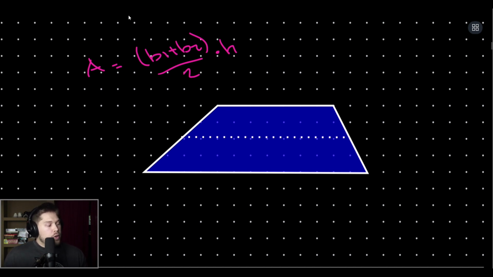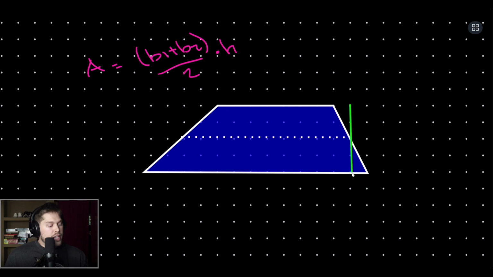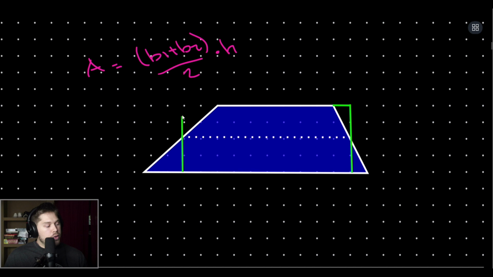Well, let's draw a few more lines on this picture. Here, we're going to draw a vertical line here. And let's connect these. And let's draw a vertical line here. So we're dropping verticals at the endpoints of our midsegment. And notice that we're kind of forming this green rectangle shape.